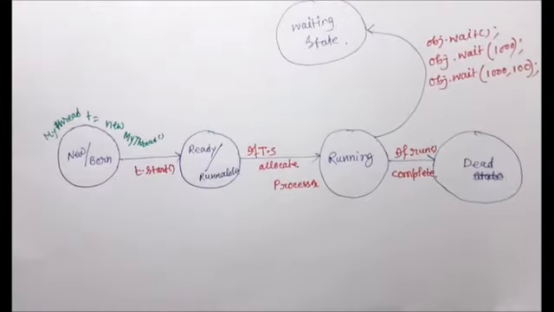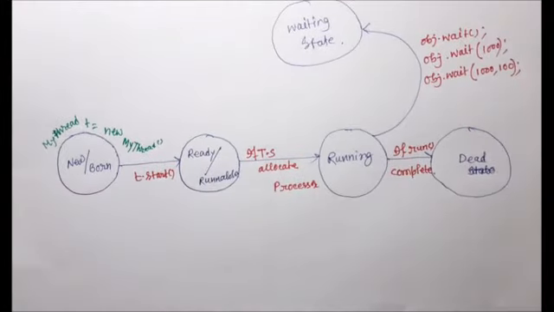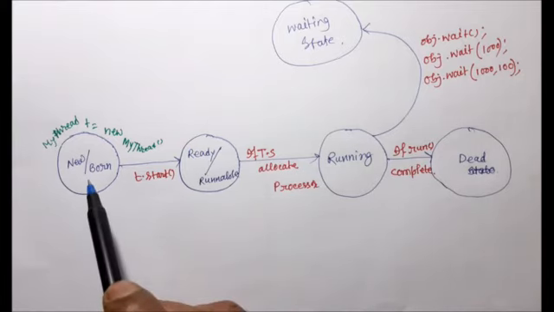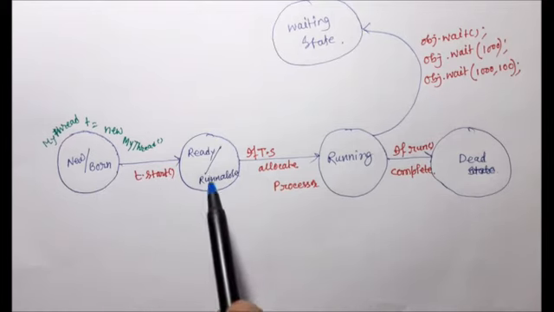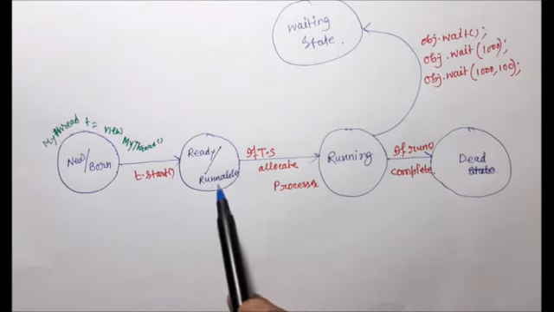We already know the thread transition diagram, where a thread created by instance is in the new or born state, and when we call t.start(), it goes to the ready or runnable state.